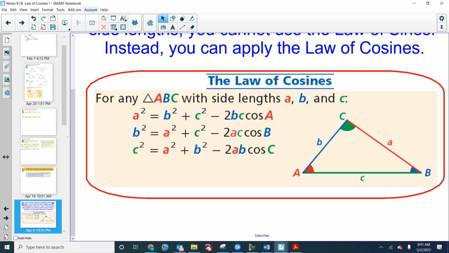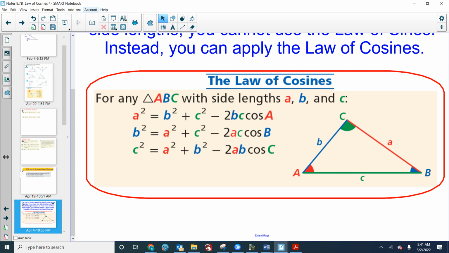And how would I solve for side A? I'm one step away. I would have to square root both sides, since it's a squared right now. So if you need to solve for side A, this is the one you want, and angle A goes over here.